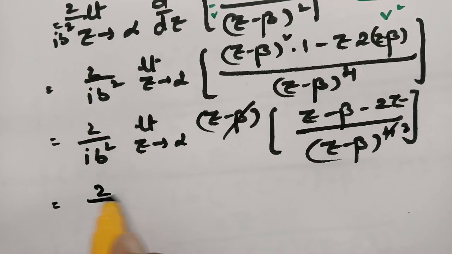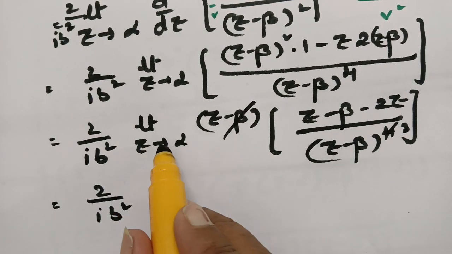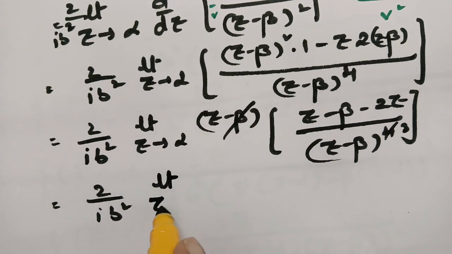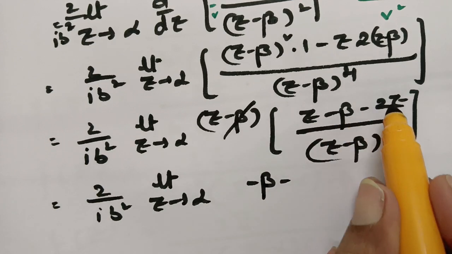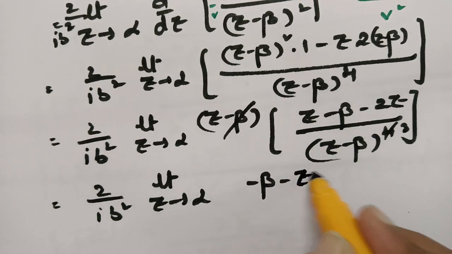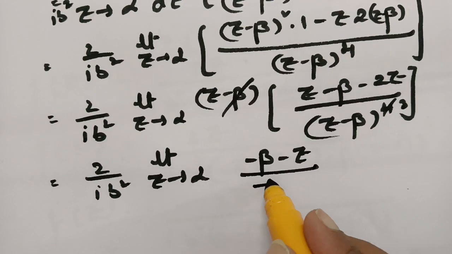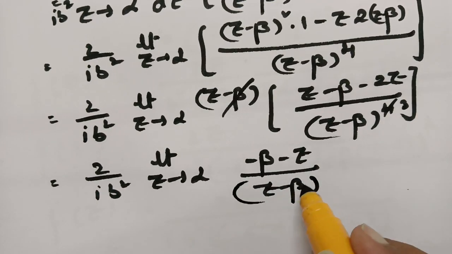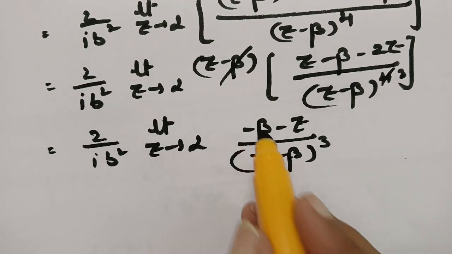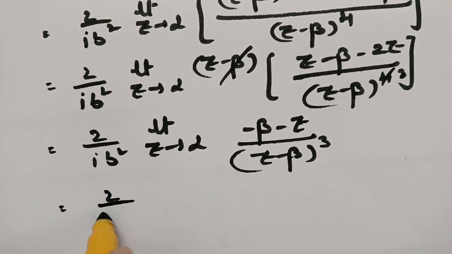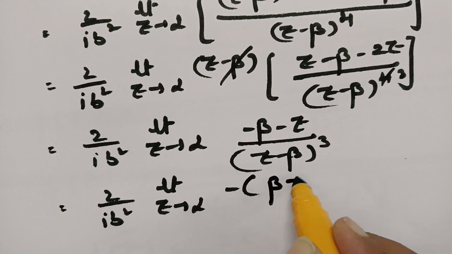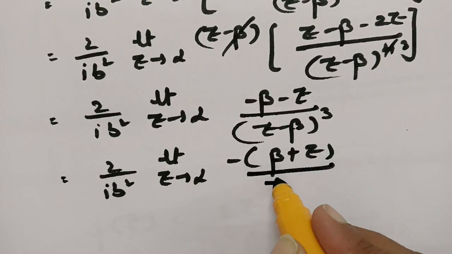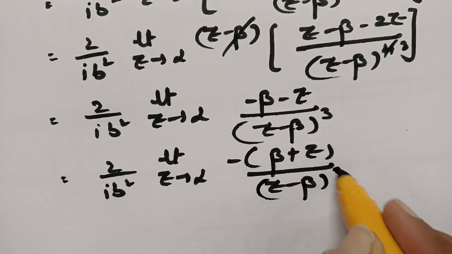So this is 2 by i b square, and we write limit z tends to alpha of (minus beta z minus 2z), that is minus z by (z minus beta) whole cube. If I take minus common, this will be (beta plus z) by (z minus beta) whole cube.